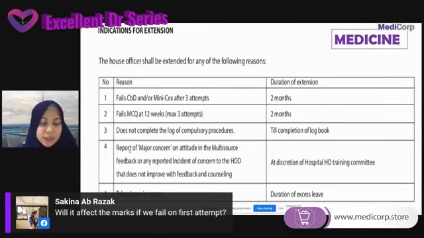So what you can do is, this is an important tip. When you report duty to your department, you will know who your supervisor is. You will know from day one who will be assessing you at the end of your posting. So first, it is very important to make a good impression on your supervisor. Secondly, ask around about the style of your supervisor and their common or favorite questions, especially from senior housemen who have passed their assessment with the same supervisor.